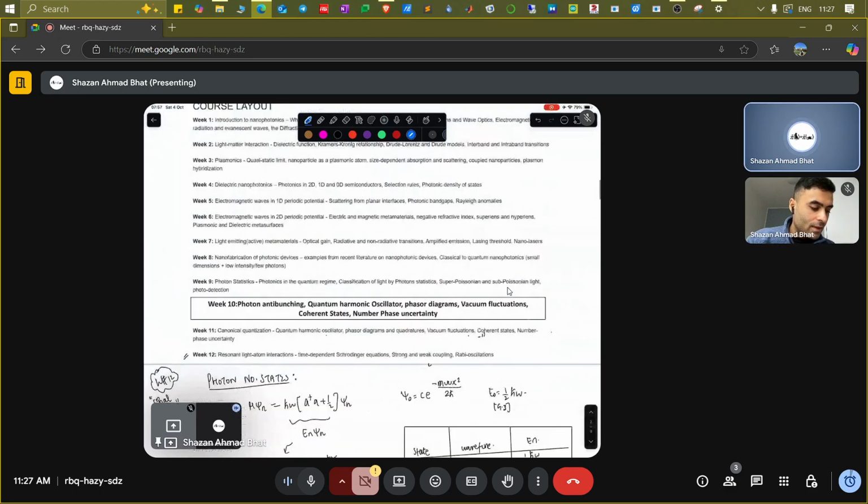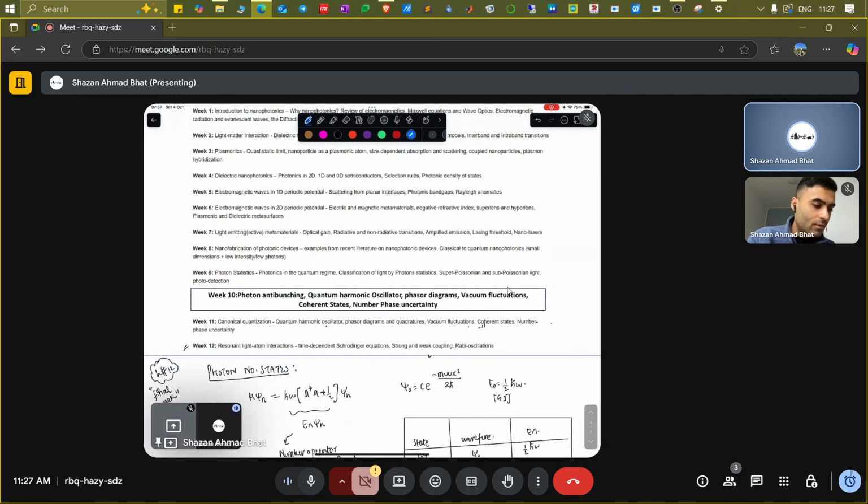And what I could see is that there's a little bit of deviation from what was earlier depicted in the syllabus. So week 12, instead of covering the time-dependent Schrodinger equations and strong coupling regimes, has covered something different, related to the photon number states, and again a little bit about the field quadratures.